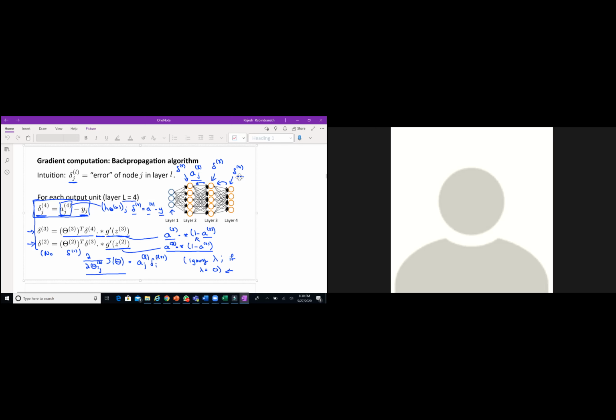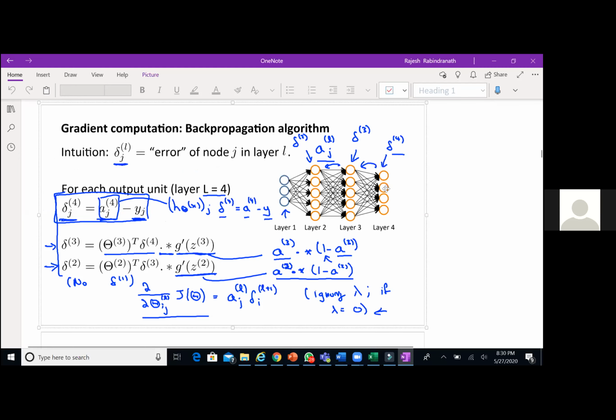If I say delta 4, is that a matrix, a vector, or a scalar? Vector, exactly. So delta 4 constitutes delta 4 1, delta 4 2, delta 4 3, and delta 4 4. This is a vector, and the elements of that vector are like that. So let's say, how do I calculate delta 4 1?